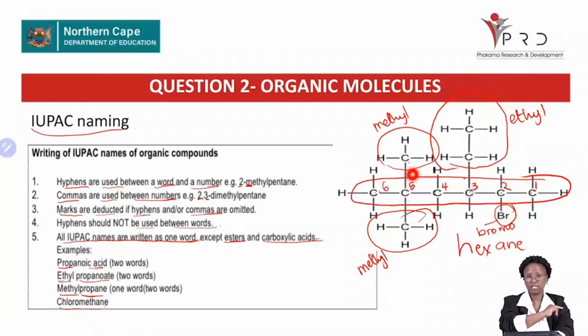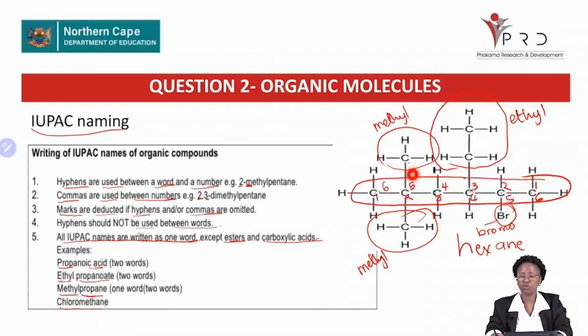But I can still also number from the left-hand side to the right-hand side. 1, 2, 3, 4, 5, and 6. Now, I also have the nearest substituent as 2. So I have 2 methyl from left to right, and I have 2 bromo from right to left. So which one do I choose?